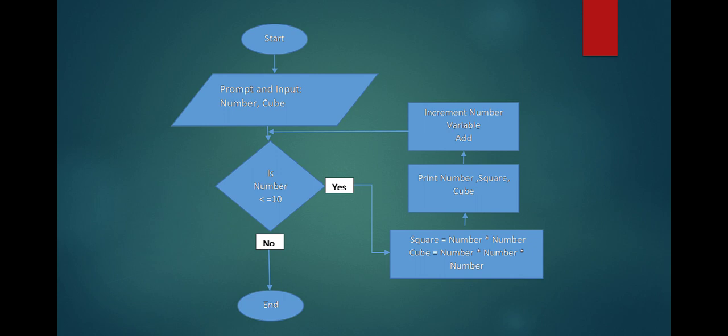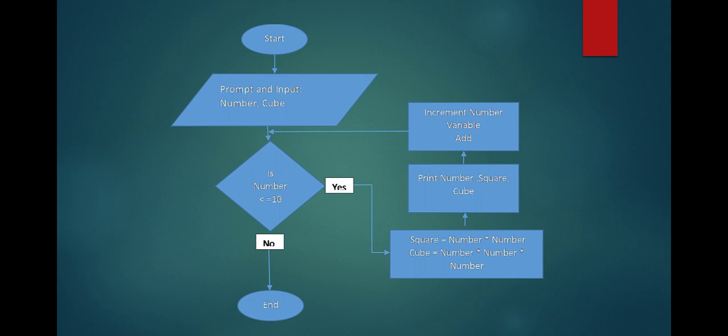Remember that box is used for inputs and to prompt for inputs and also to print. But in that instance, we're basically going to print number and cube. This is just print to the user. So we're not asking the user for any inputs.